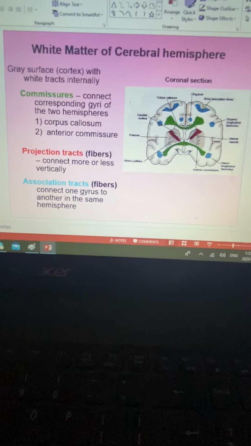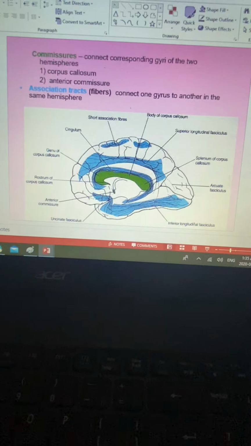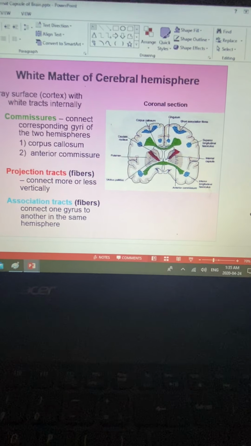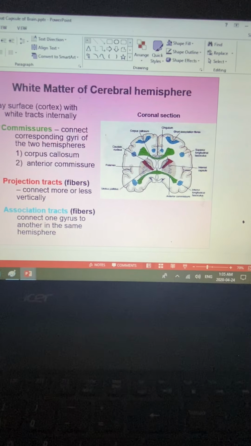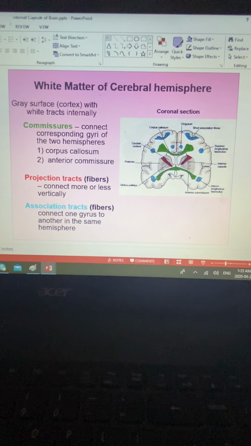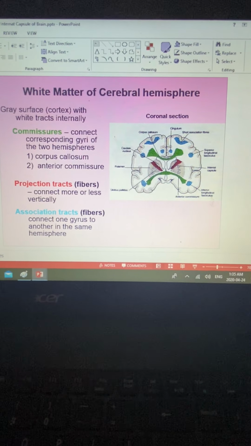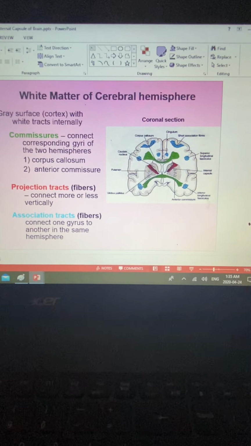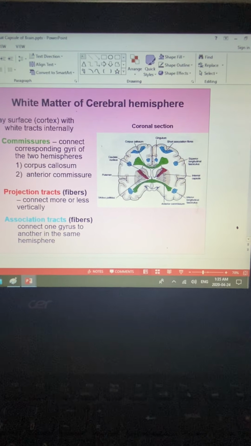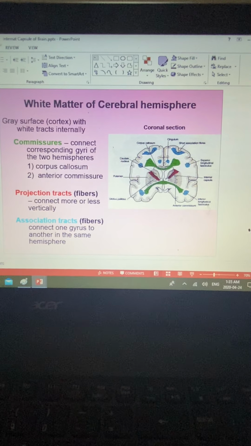These white tracts, or white fibers, are grouped into different categories, and this grouping depends upon the connections they provide and their extent or length as they travel in the central nervous system.